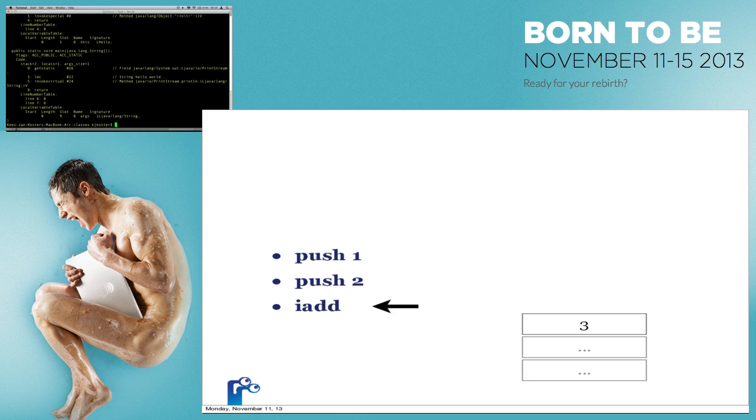All right, let's review this code again. Getstatic. Nobody asked, but where does it get to? It's nice it gets it, but then what? Where does it put it? We don't have registers as we do on an actual CPU. We don't have accumulators or anything like that. It's only the stack. So we get a static which is put onto the stack. Then we load a constant which is put onto the stack on top of that.